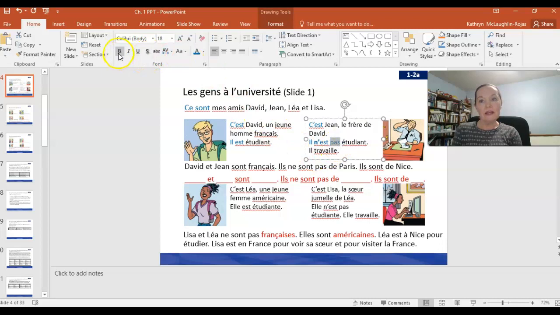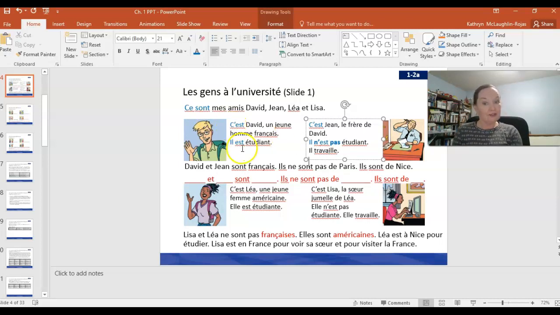If we want to say what he's not, we're going to surround the verb être, or est in this case, with ne and pas. When ne comes before anything beginning with a vowel, it becomes a contraction. You drop the e in ne and it gets attached to that verb. Il n'est pas étudiant. So he's not a student.